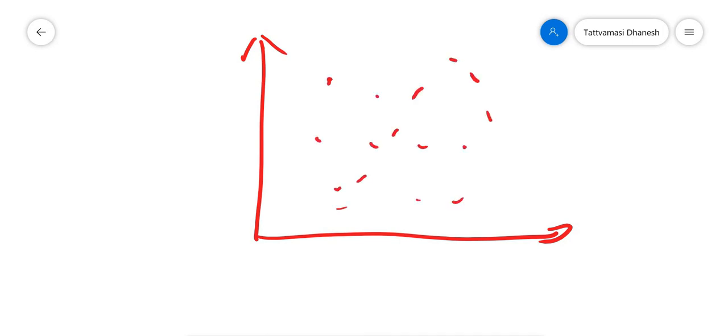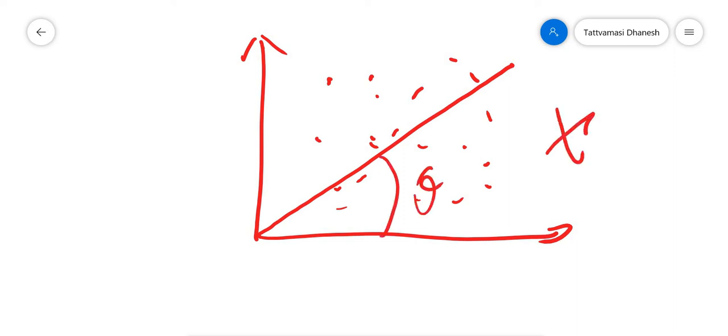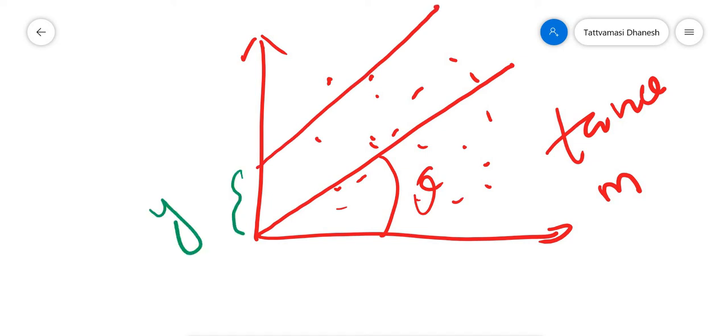The reason is, when you plot a model, you have many data points like this, and you come up with a model like this for them. Here tan theta is the weight, that is m, and this is your y-intercept, which we call C. By varying theta and C, you can change the model.